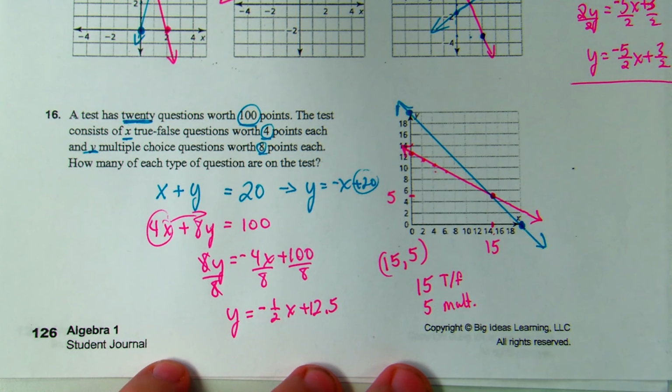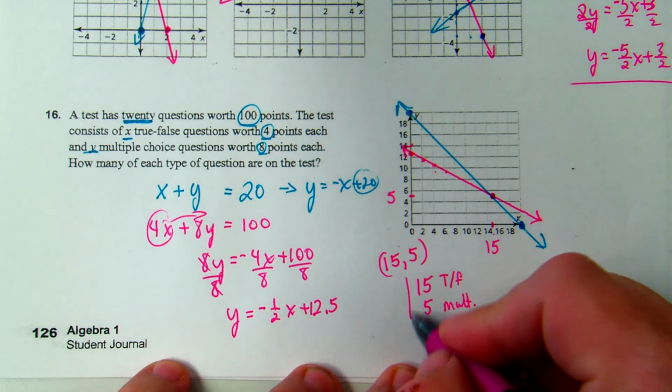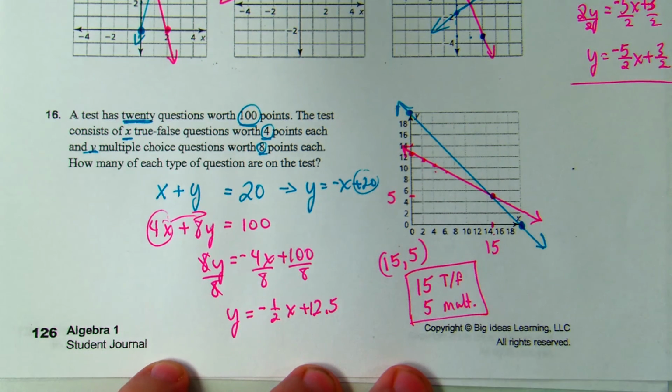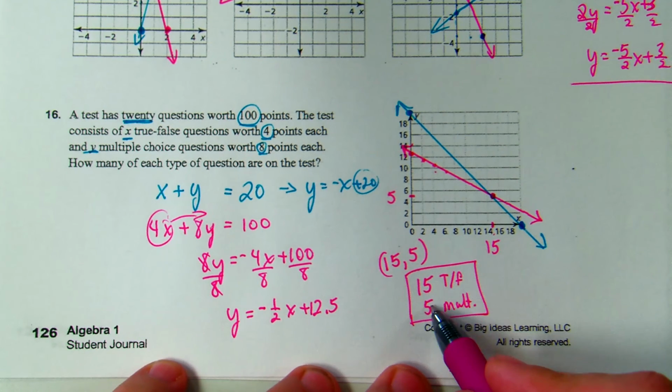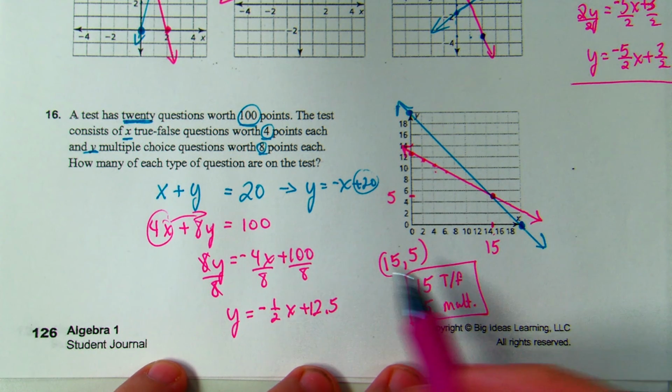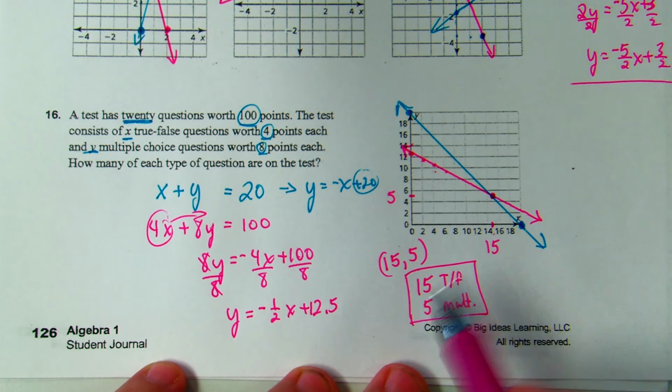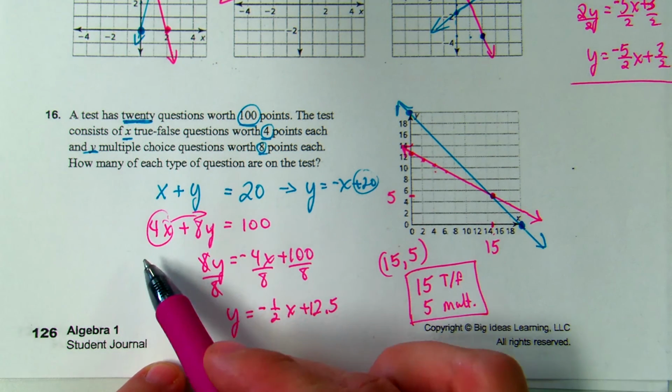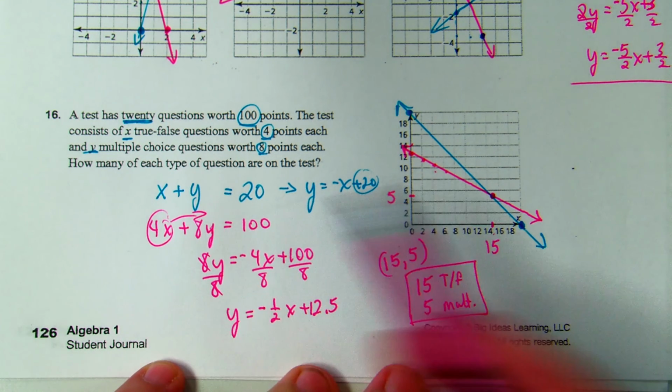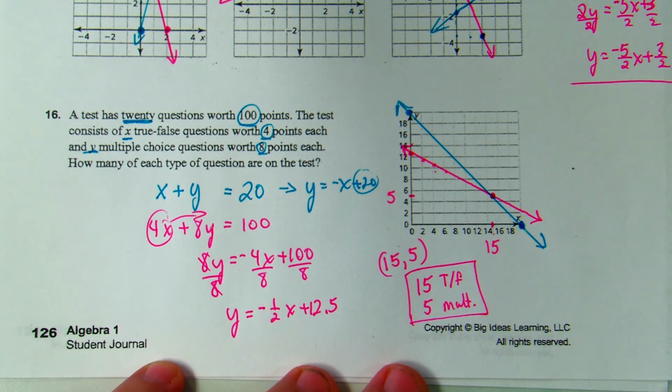That's how many of each type I have, totaling 100 points. And doesn't 15 plus 5 equal 20? So I've solved both equations, right? 15 plus 5 is 20. That's how many questions are supposed to be on it. 15 times 4 and 5 times 8 is going to give me 100 points.